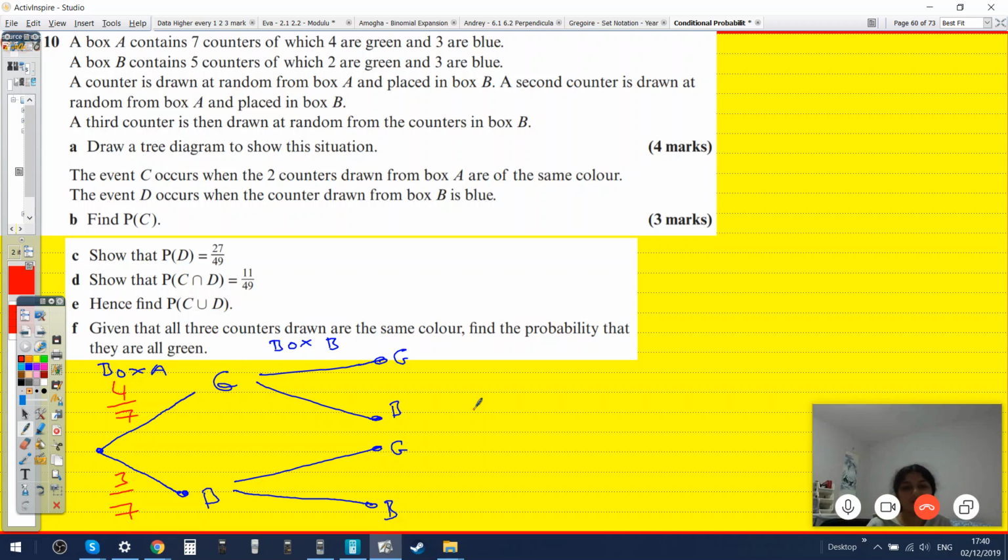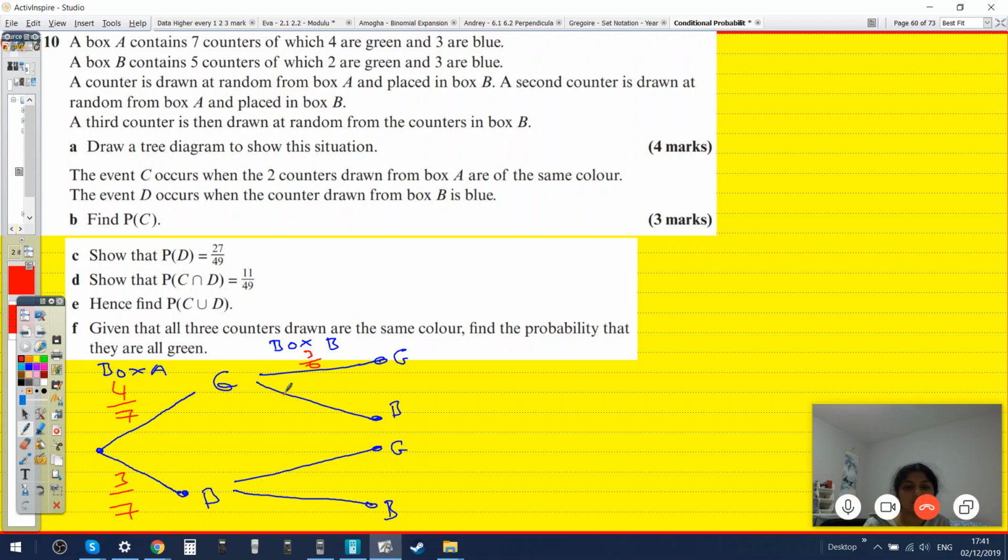So if the counter is green, then it would be 3 out of 6 for green, and then 3/6 for blue. But let's see this one. Yeah. So it's green, it's put there. So that's 3/6.